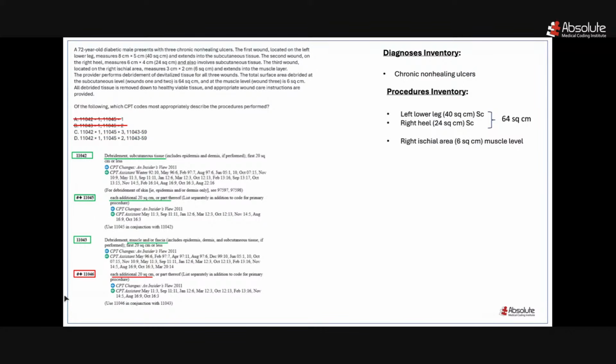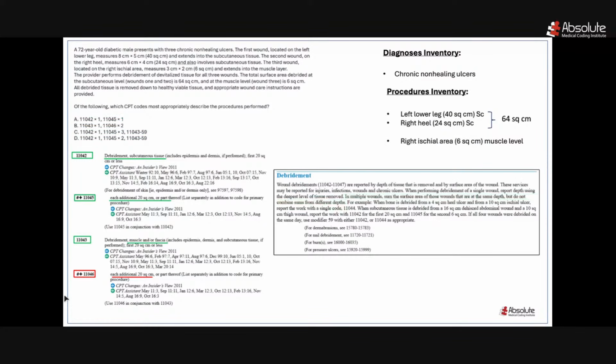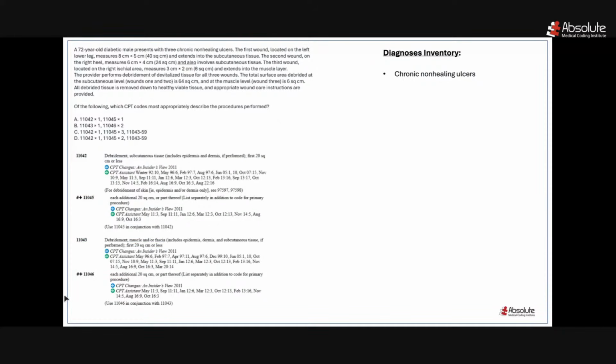So here we have, in the diagnosis inventory, chronic non-healing ulcers. There were three ulcers, one on the left lower leg and one on the right heel. Both were at the subcutaneous level, so both were at the same level.